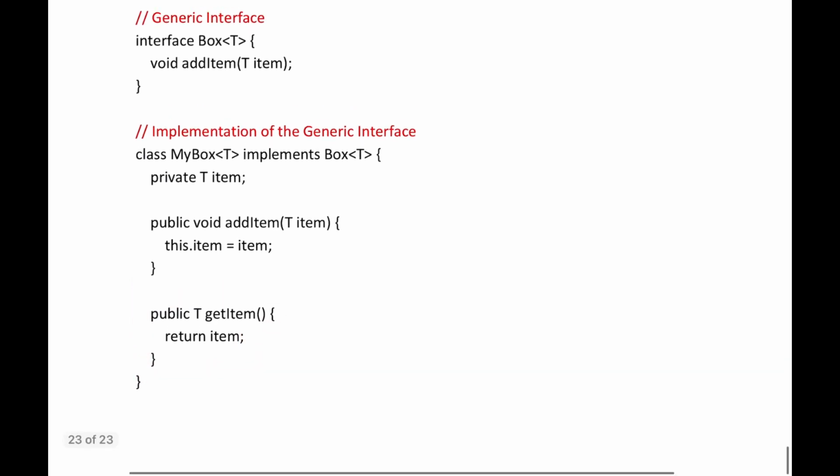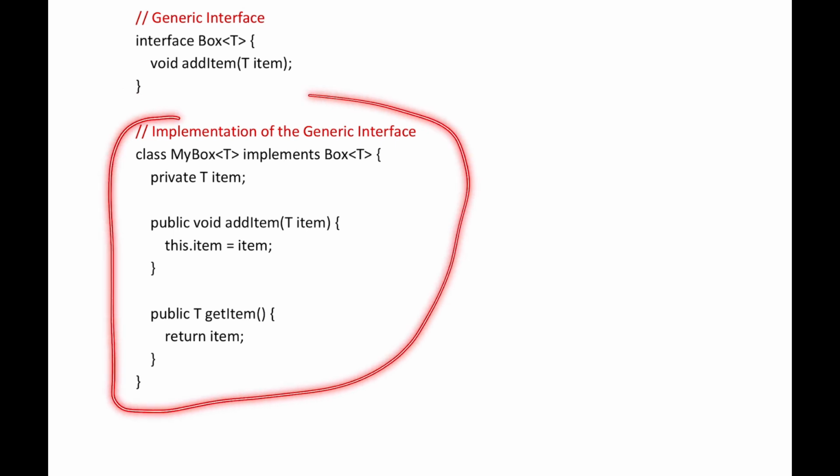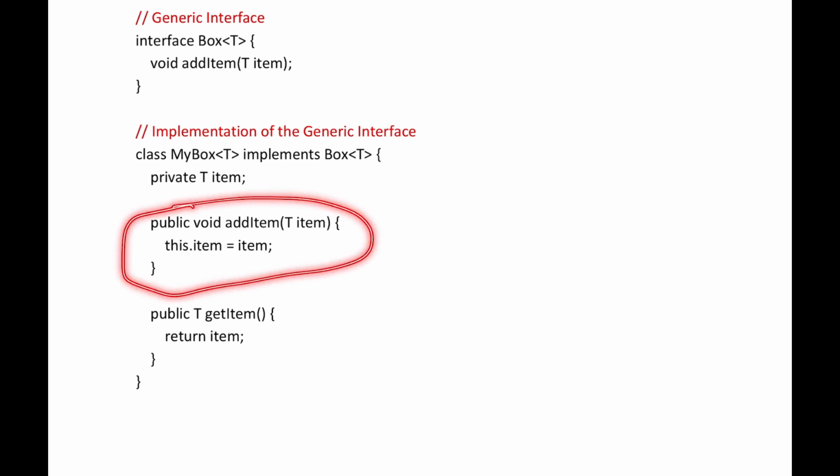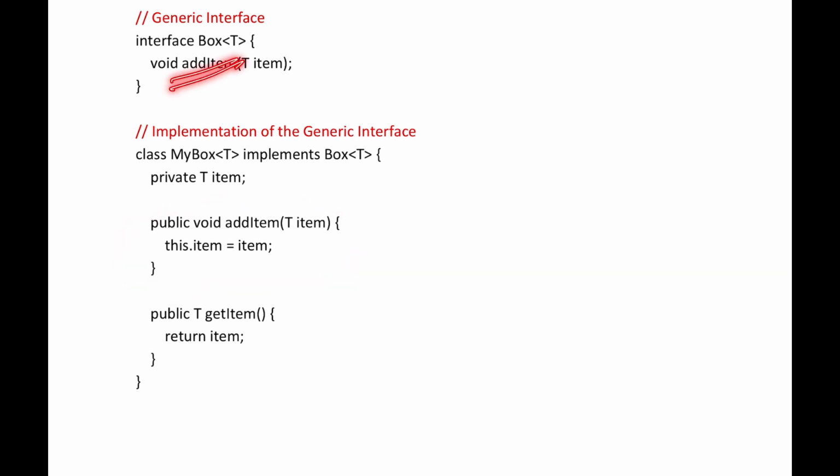So this is the generic interface, a simple one, and this is the class that implements the interface. It has only two simple methods: one is addItem, given in the interface, and one extra method, getItem, which we write in the MyBox class to get the value of the item.